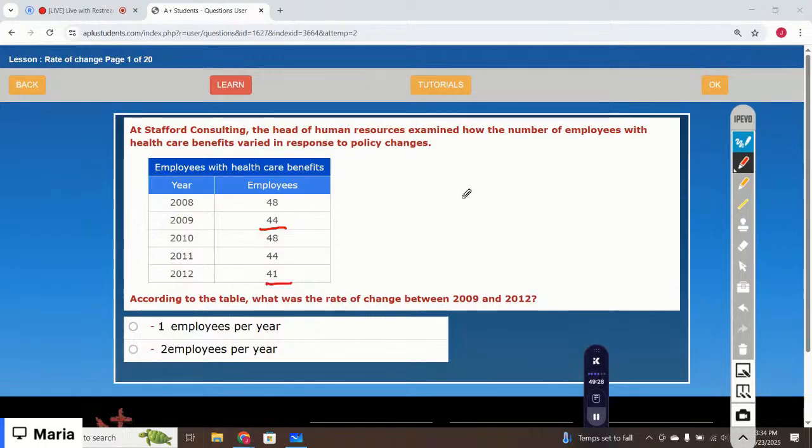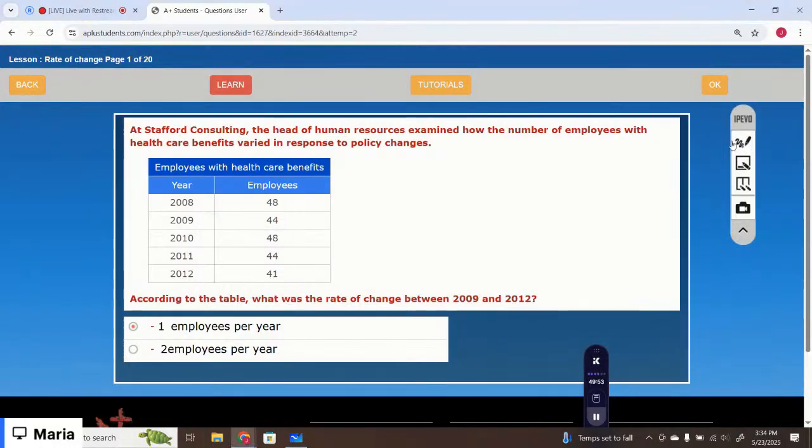So 41 minus 44 is negative 3, and the change in time is 3. So that is negative 1 employee per year. Option number 1 is the correct option.